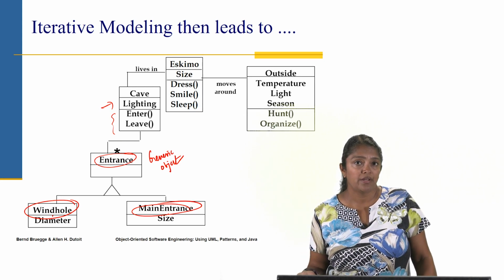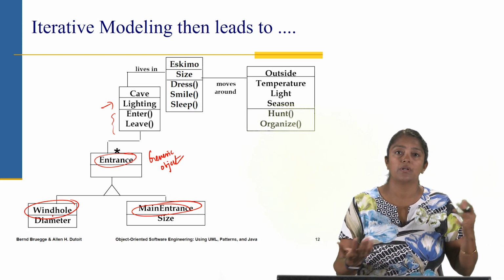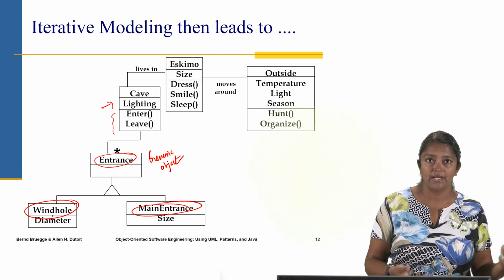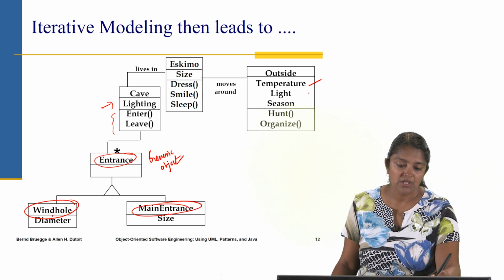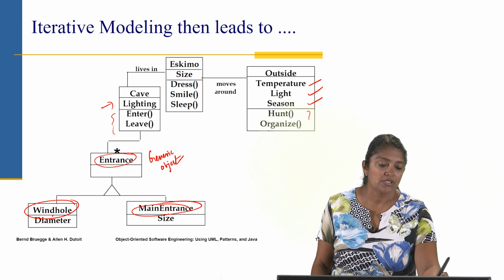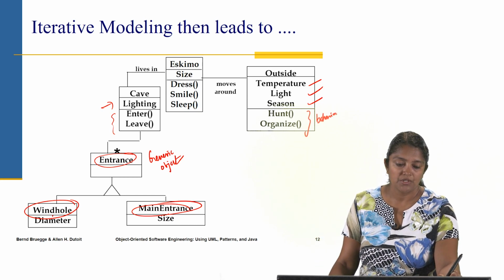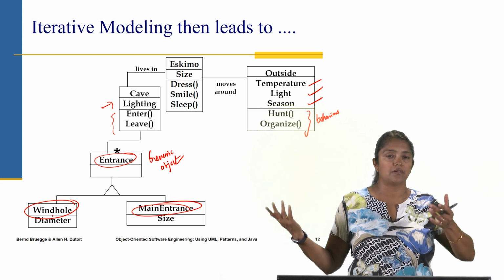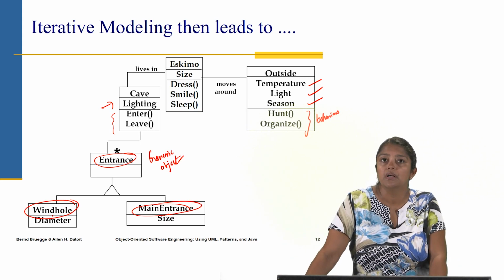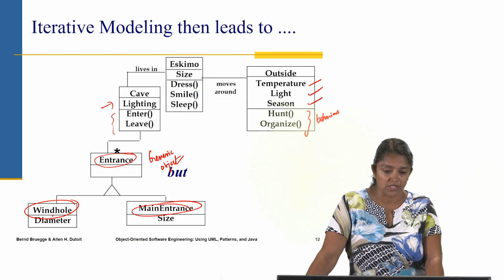So in addition to where the Eskimo lives, the Eskimo moves around outside. What are the properties of this outside environment? What's the temperature like, what's the lighting like, and what's the season, and then what does the Eskimo do outside? Those are the behaviors. He or she hunts, or they organize and get together and do something. So that's some additional behavior of the Eskimo.